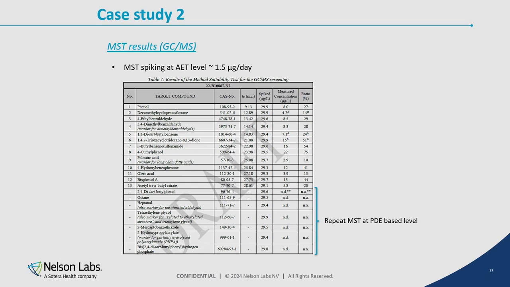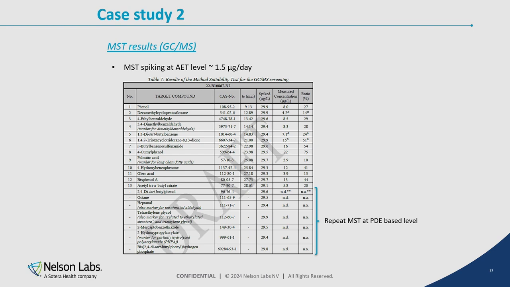We only look here at the method suitability test results of GCMS, but they are rather indicative also for the other techniques. And this is a little bit the reality when you're dealing with a very long list of target compounds: the chance is quite high that some of those compounds will not be detected in the method suitability test.